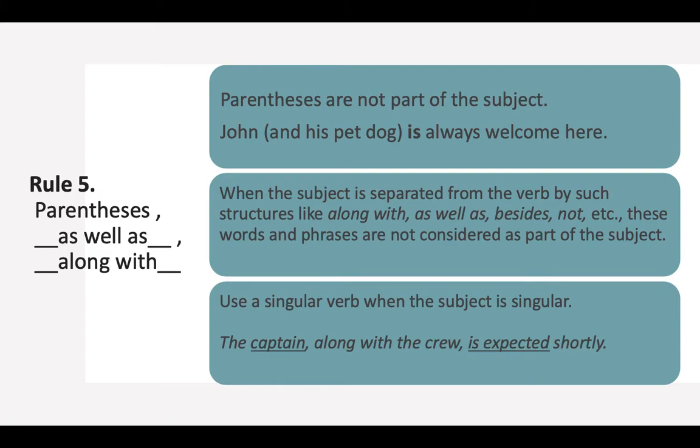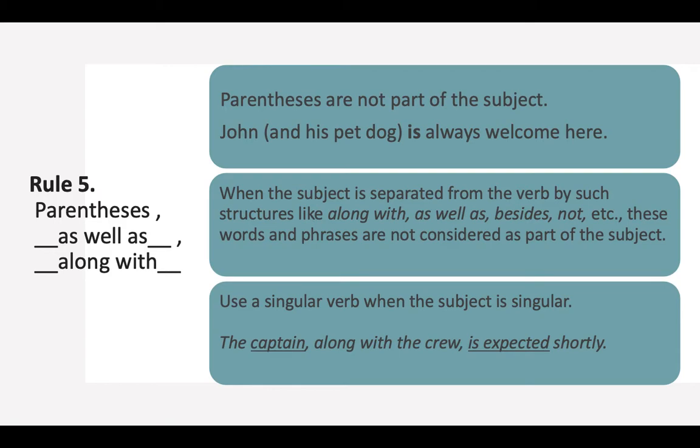Along with the players, you may think the matter of proximity comes in there. No. What you have to look for is along with. Proximity comes in neither-nor constructions, as we explained earlier. But in sentences where you have the structure along with, as well as, besides, etc., we need to look for the main subject and what the number of that subject is. Is it singular or is it plural?